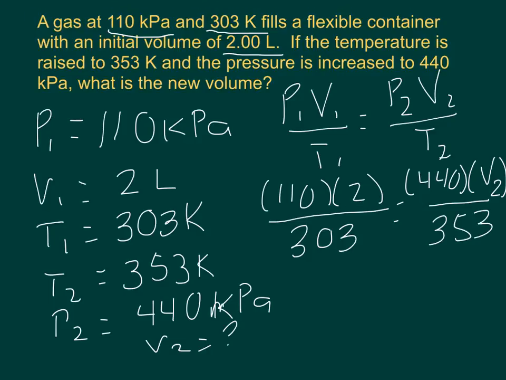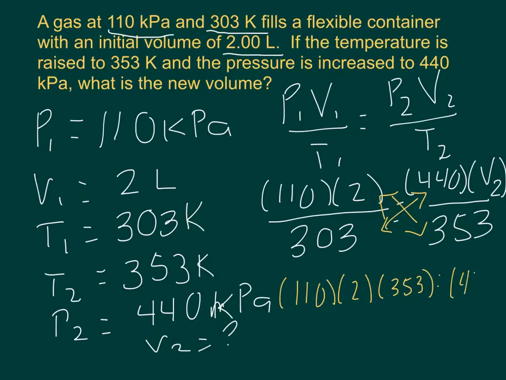Just like when we worked with Charles' law, the easiest way to solve this is to cross multiply. When I set this up, I end up with 110 times 2 times 353 is equal to 440 times 303 times x, my unknown.